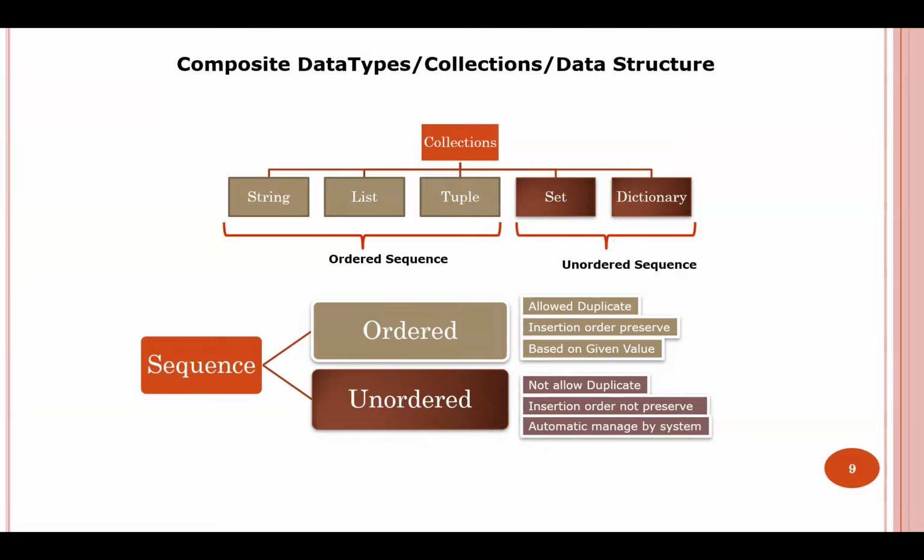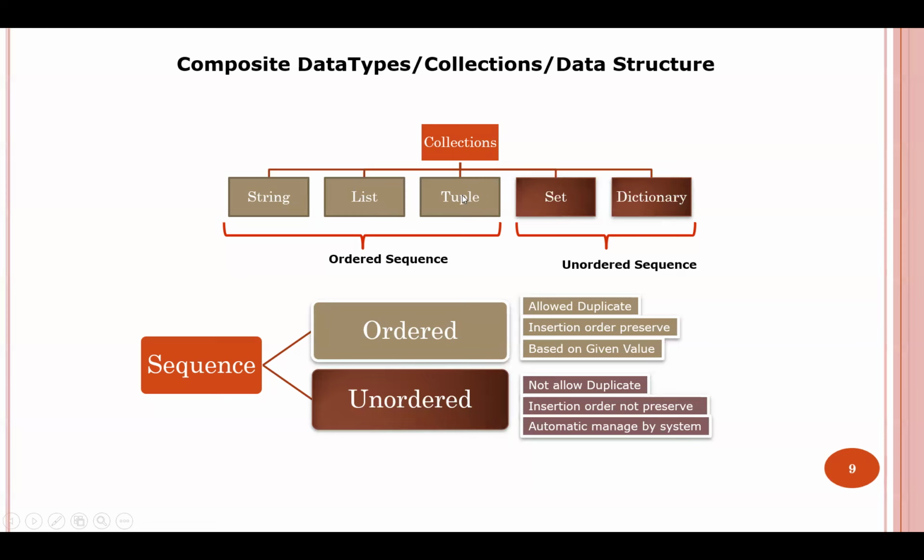Which one is the best memory optimized data type? Unordered sequence, means set and dictionary. Set and dictionary are highly memory optimized data types, but you will get more flexibility in string, list, and tuple.